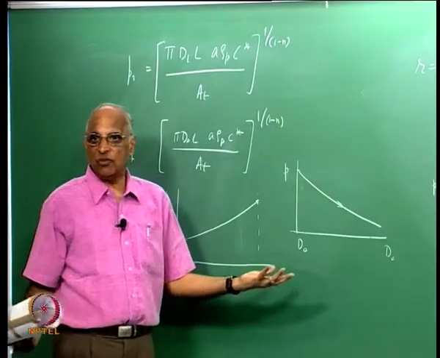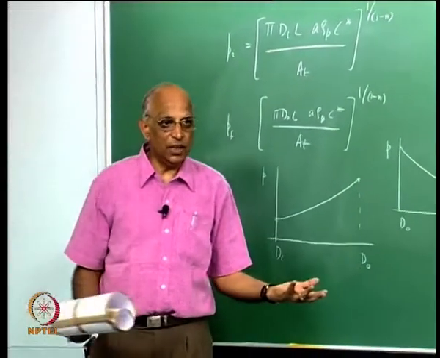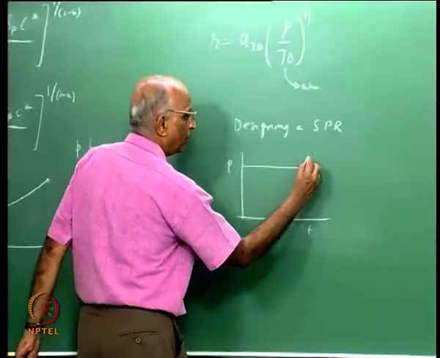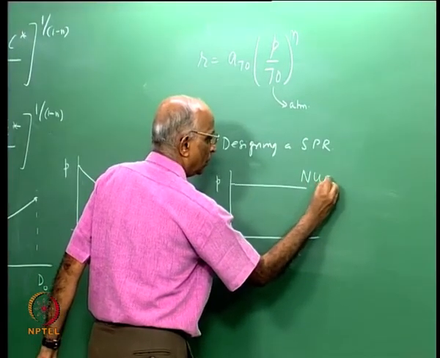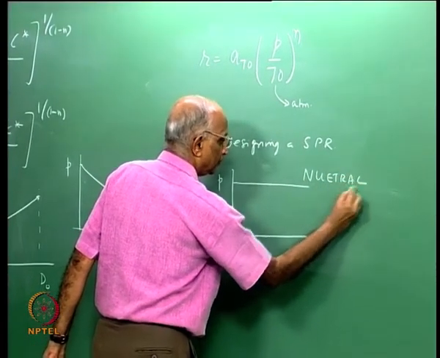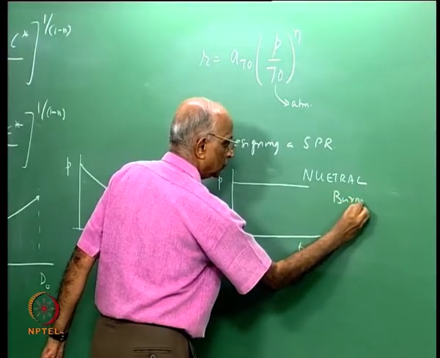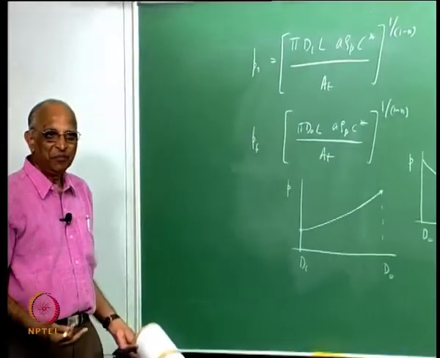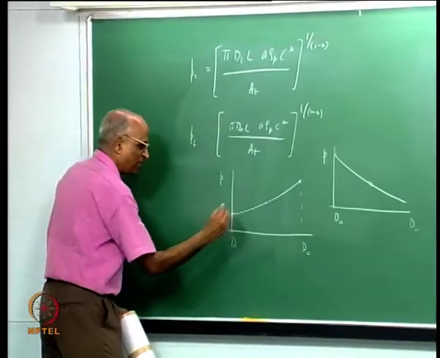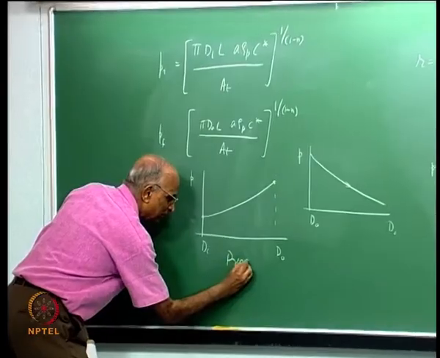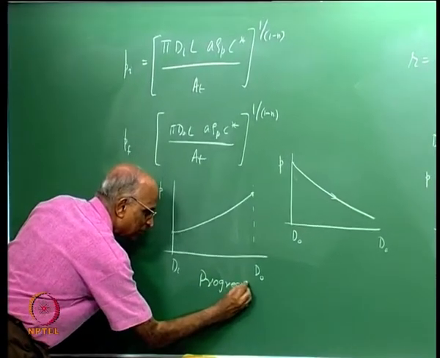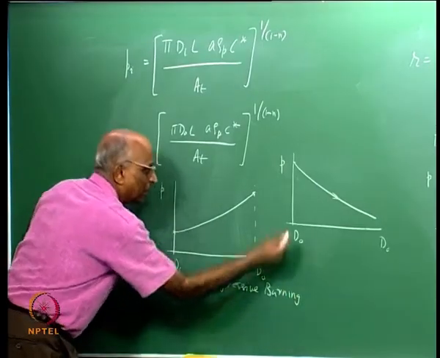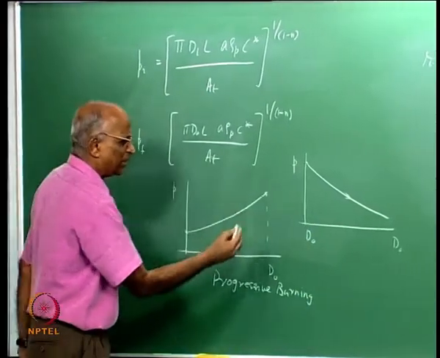Therefore I could have three types of thrust evolution in such rockets, and this is known as neutral burning. What should be the name for this? Progressively increases, that is progressive burning. And thus it keeps decreasing, that means regressive burning.